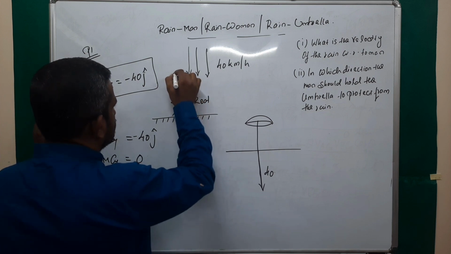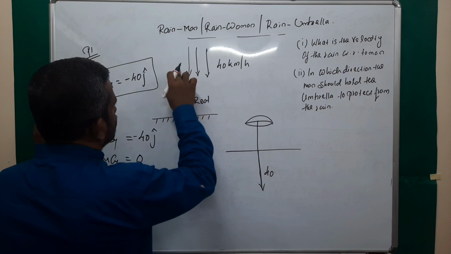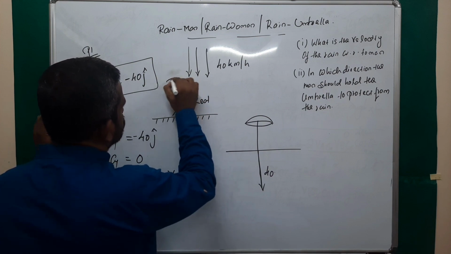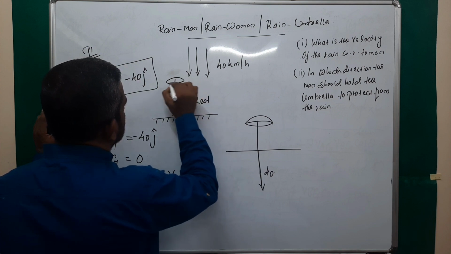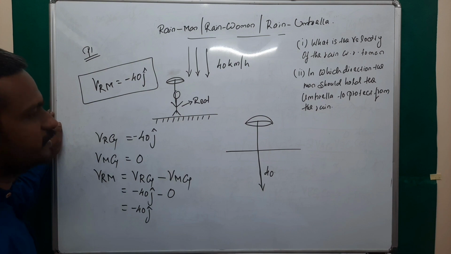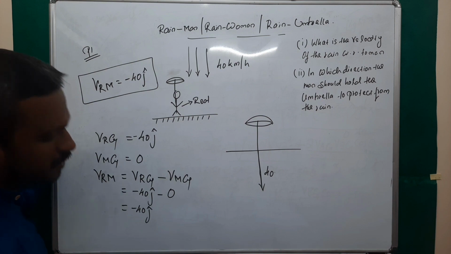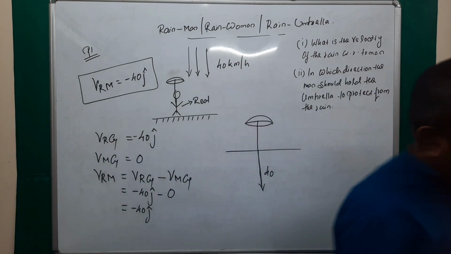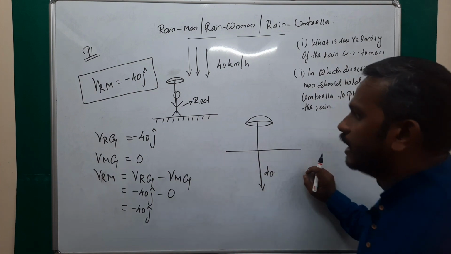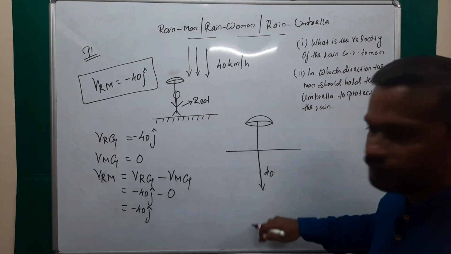So he should hold the umbrella like this. So that is the direction. Because the direction of the rain as seen by the man is vertically downwards.